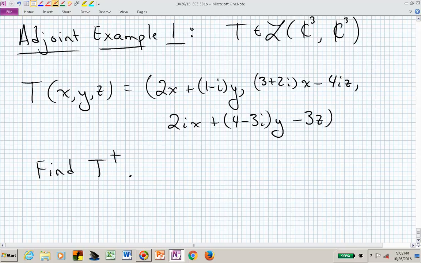They're related by a complex conjugate transpose. Meaning, let's now find the matrix representation of this linear map, take the complex conjugate transpose, and then pull that back into a linear map, and that will give us T dagger. That's what we want to do. That's the example.